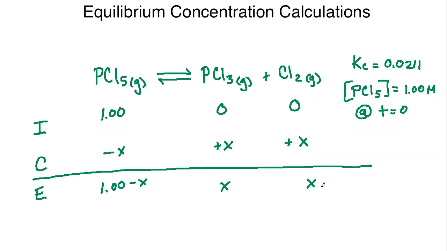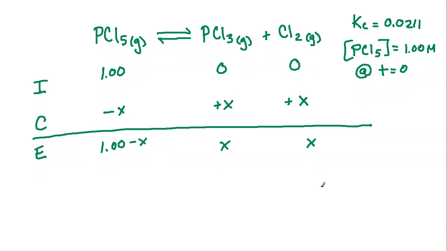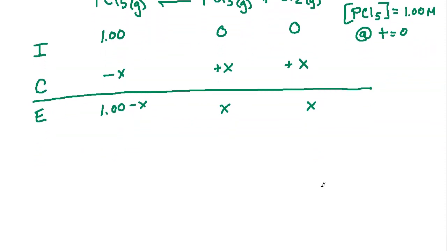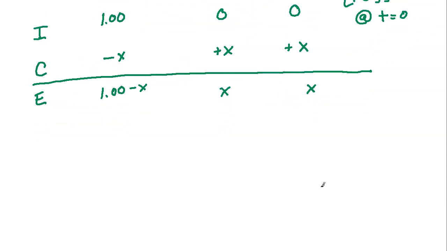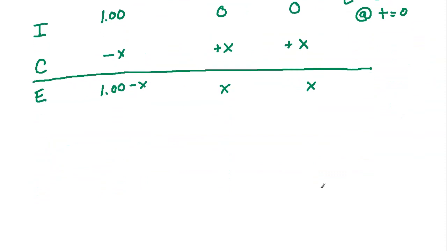Okay, again, remember, if you had different stoichiometric ratios, you could have things such as minus 2x or plus 3x, etc. All right, so we have our ice set up. Now we want to set up Kc. So Kc is going to be equal to 0.0211, and we will set that equal to the variables that we have in the equilibrium portion of the ice chart. So let's go ahead and do that.